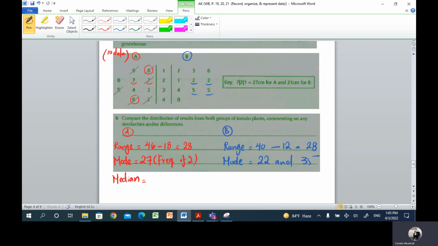Okay, and here again 27, the smallest, with 34.